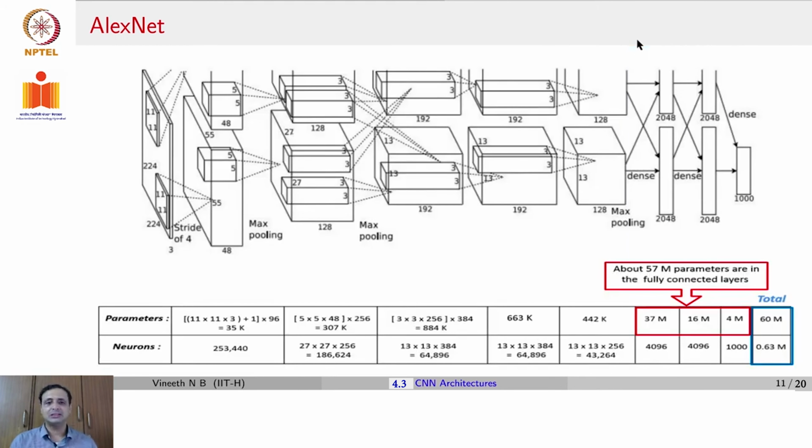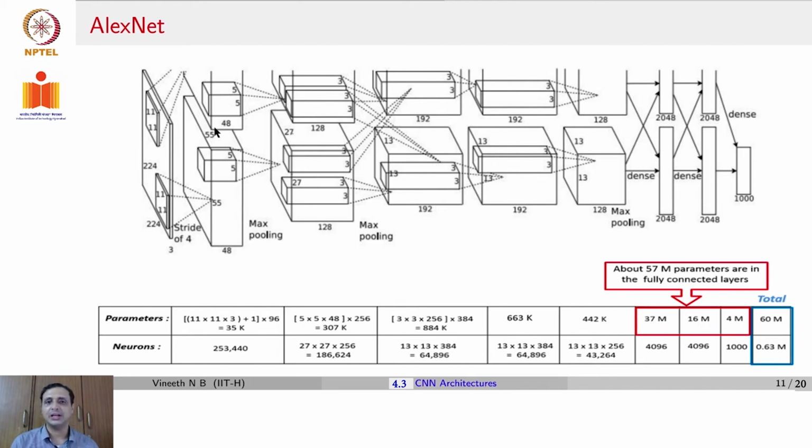Let's try to analyze the complexity of this architecture in terms of parameters and neurons. You see here, the parameters in the first layer would be given by 11 cross 11 cross 3, which is the size of the filter, plus 1 for a bias, into 96, the total number of filters chosen for the first layer, 48 of which went to one processing unit and 48 to another processing unit.